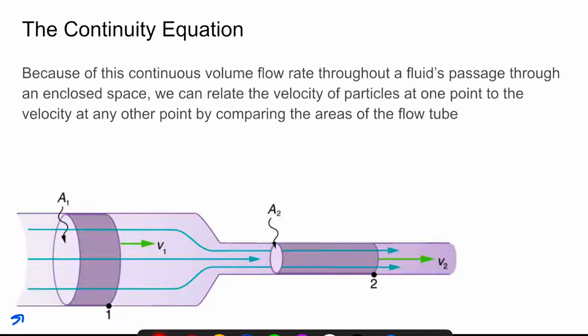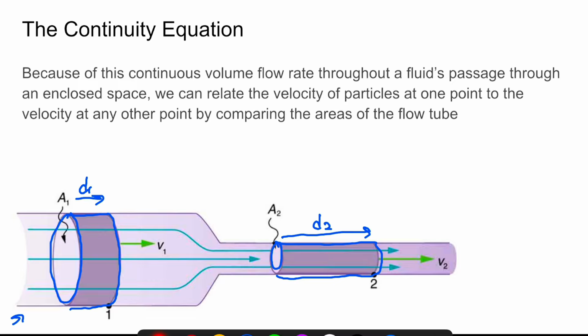So again, if we think about some unit time, there will be the same volume moving through the tube at any point in time, right? So this volume right here will move through this tube in the same amount of time as this volume, which is the same volume, will move through this tube, even though the distance over on the left, D1, is going to be smaller than the distance over on the right, D2.